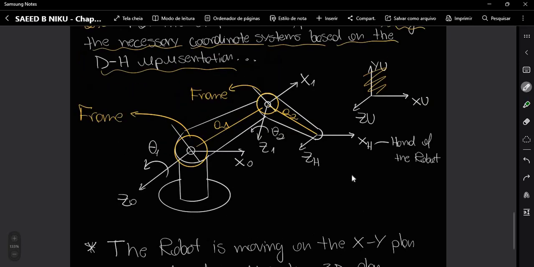And this is why we need to assign these axes and turn these joints into reference frames.